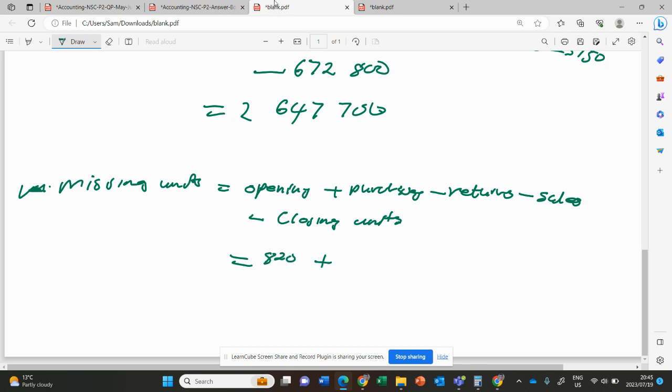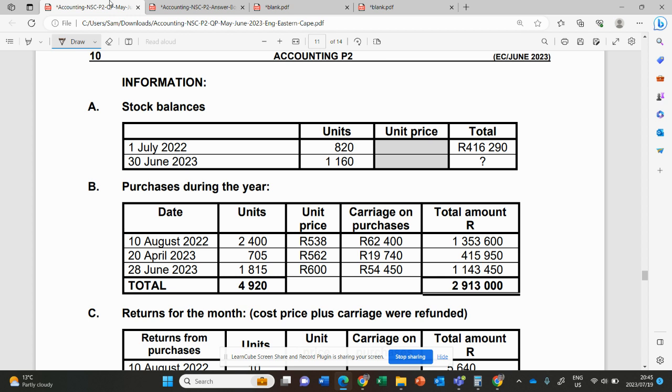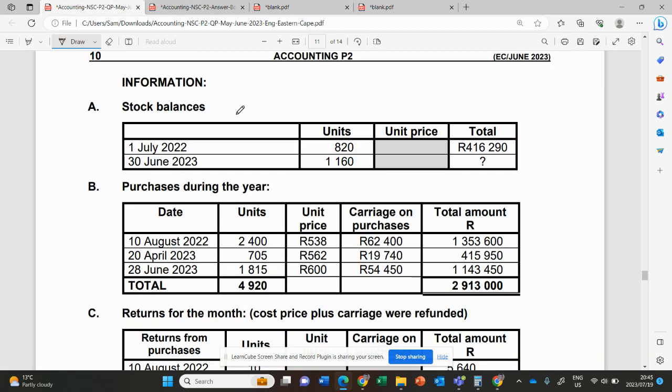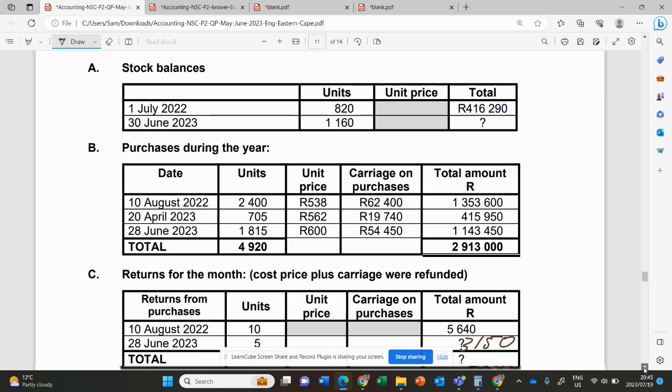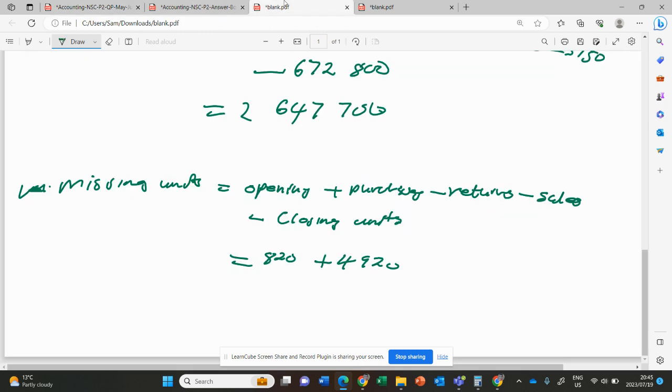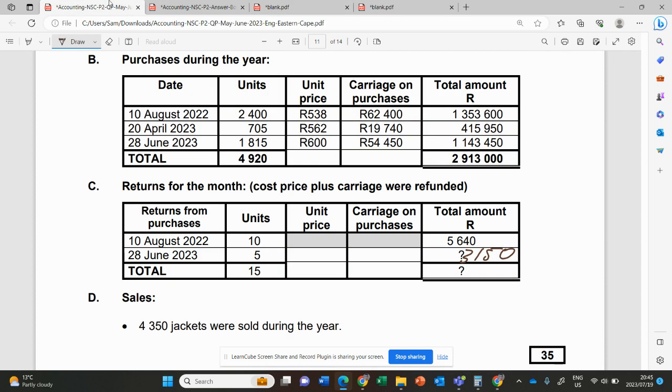820 plus purchases units, it's 4,920. Then returns was 15, which is 5 and 10, so minus 15. Minus sales units. Sales units is this one, 4,350.